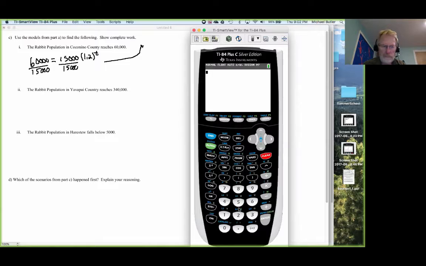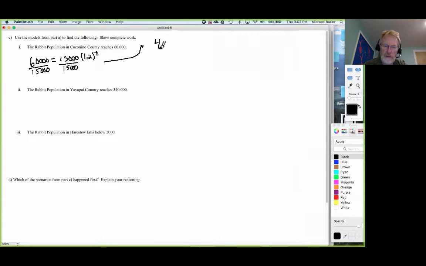Is it 4? I believe you, but I'm going to do it anyway. Okay, so what that means is you can make your life a lot easier. It's going to be 4 is equal to 1.2 to the t. So you're going to say y1 is equal to 4, y2 is equal to 1.2 to the t.